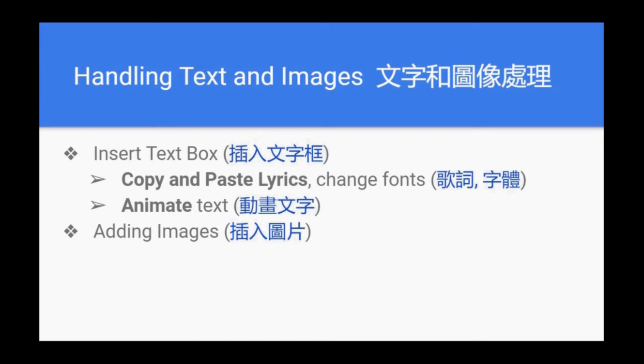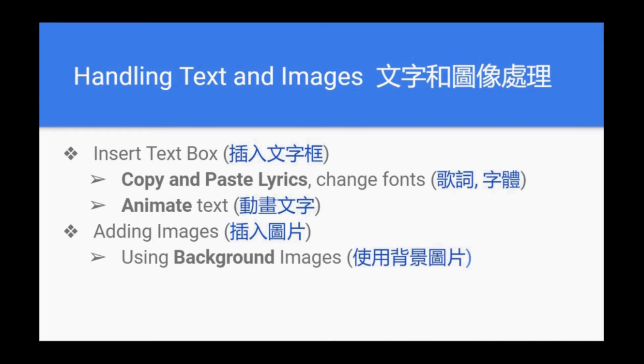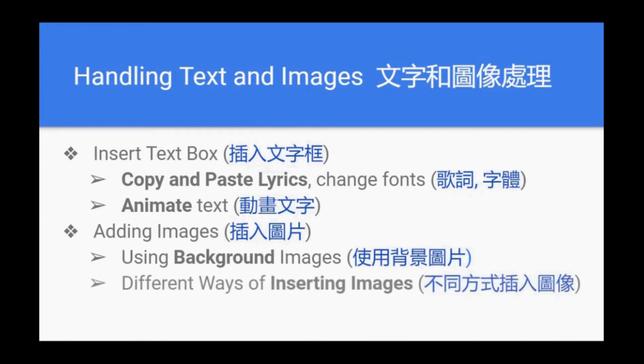I will also explain how to use background images and what the difference between background images and normal images is, because for background images you cannot animate them. Then we also will be talking about different ways to insert the images.